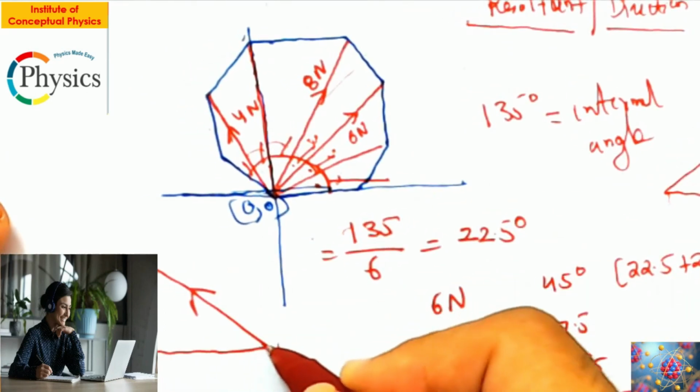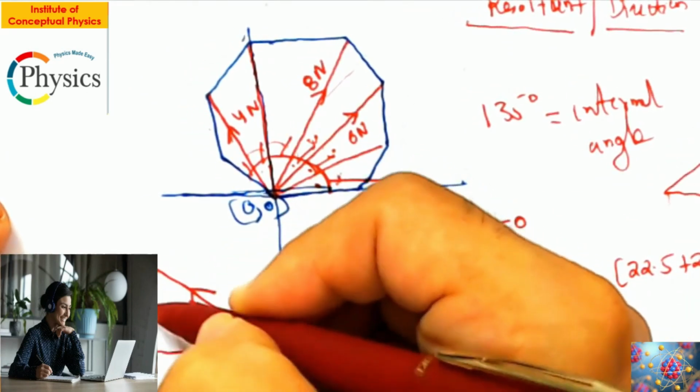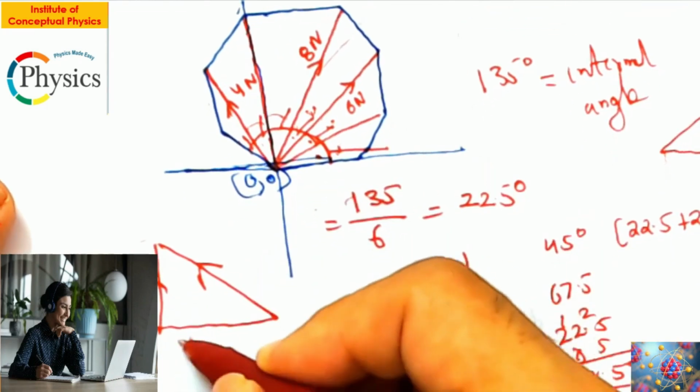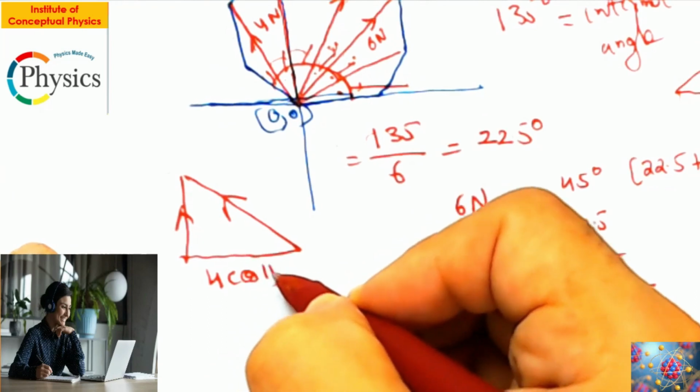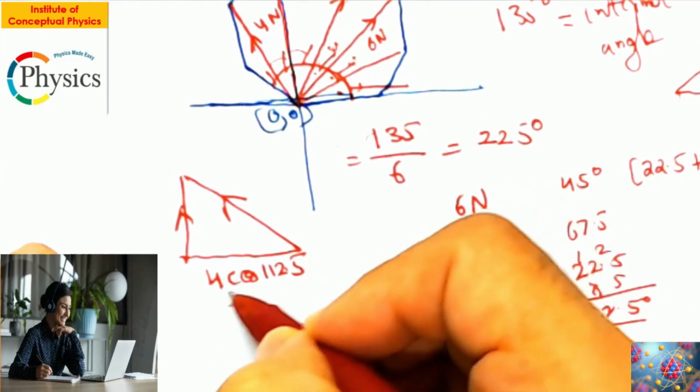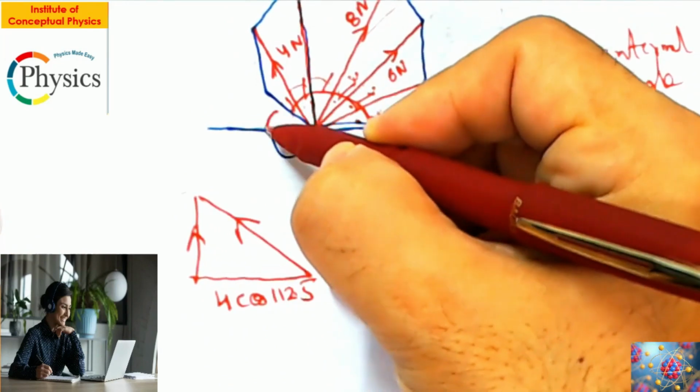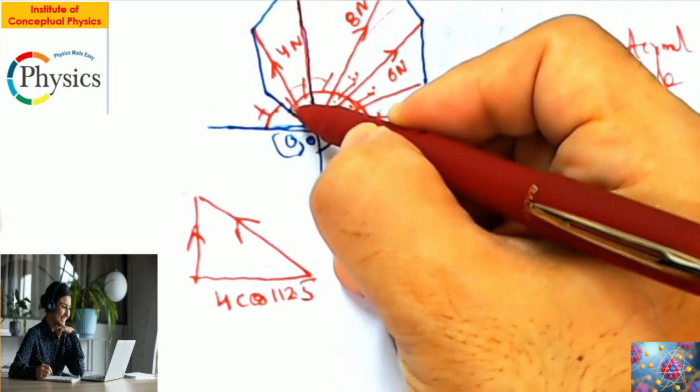I have a full series on vectors which you must see, because a lot of mechanics depends on the knowledge of resolution. So resolution of force is very important. When we resolve a vector into x and y components, we use cos theta and sin theta. Now I'm doing the resolution of 4 newtons.